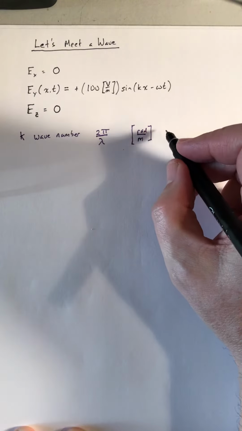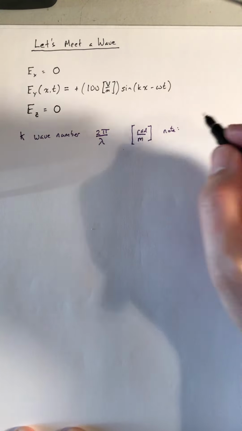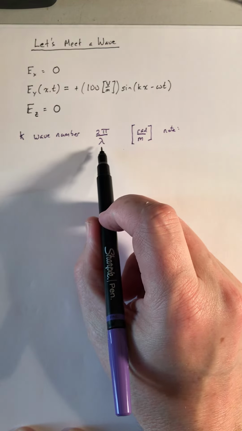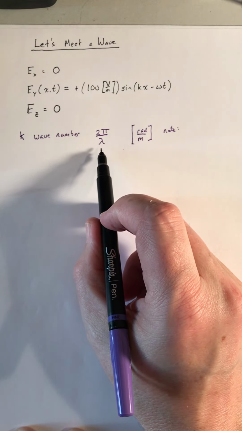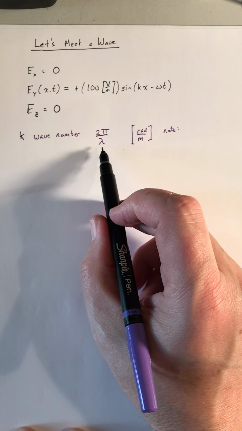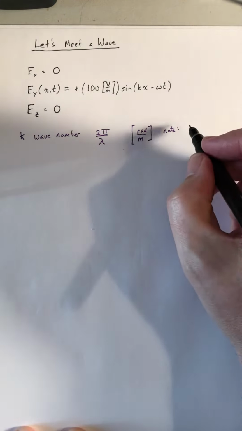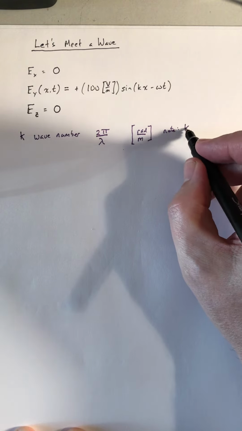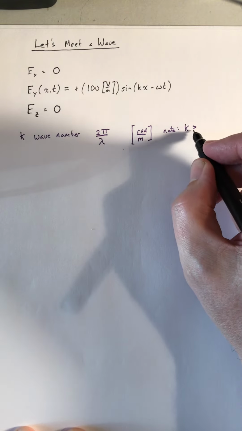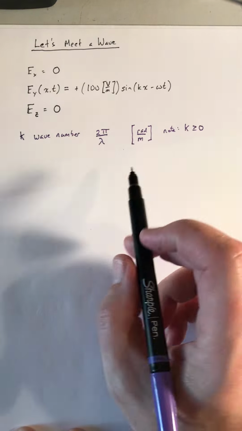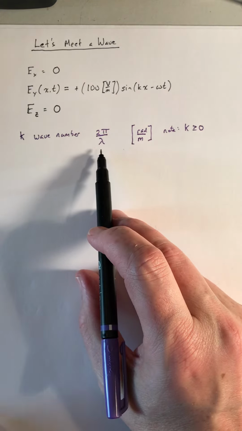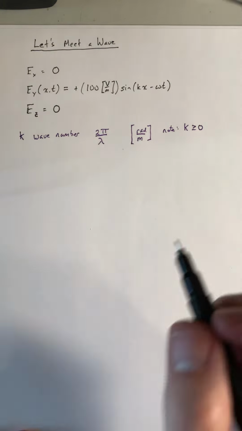And on a note to ourselves, lambda, the wavelength, has to be bigger than 0, so k can't be negative. And k is only going to go to 0 when lambda goes to infinity.